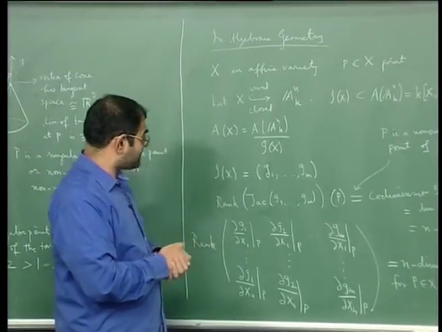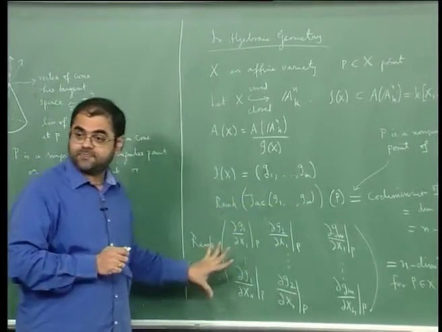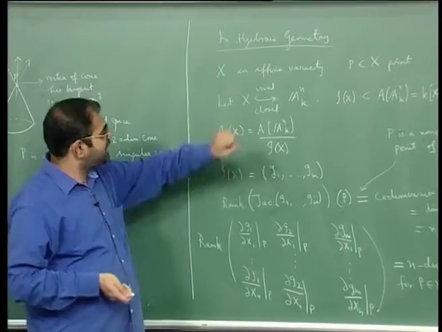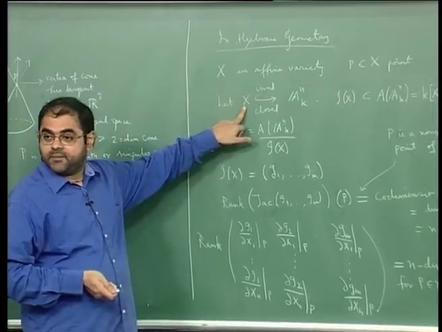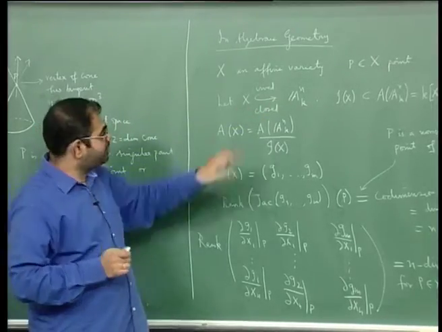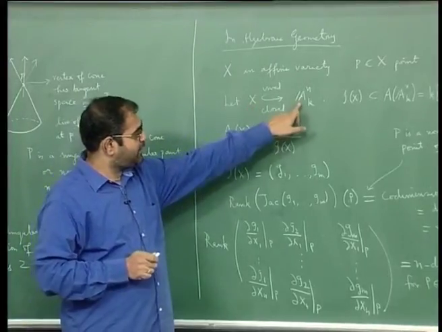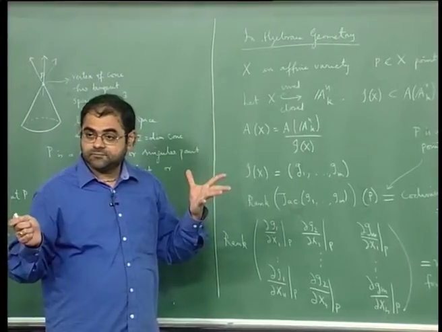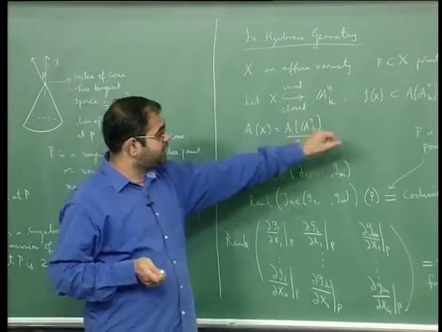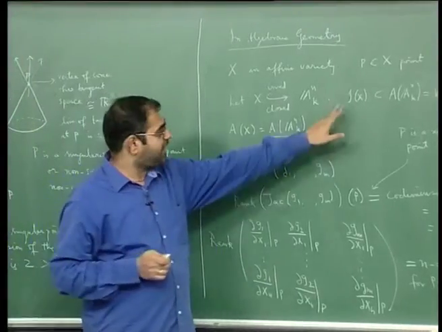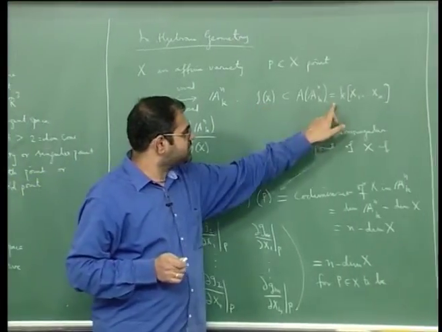The more serious thing is this numerical business here. You see there is a lot of ambiguity here. The same affine variety could be embedded in different affine spaces. I could embed this same affine variety in AN, I could also embed it in some AM. If I embed it in a different AM, then the ideal will change. So this ideal depends on the embedding.